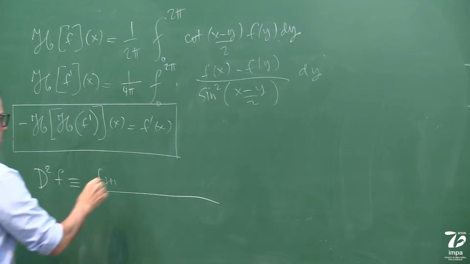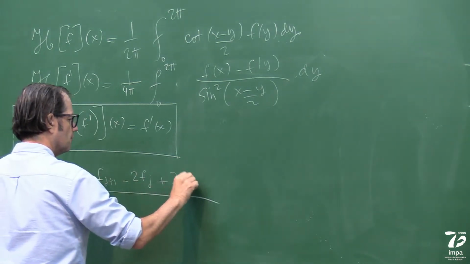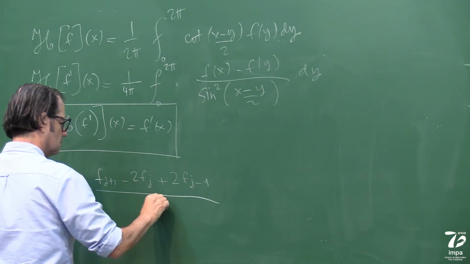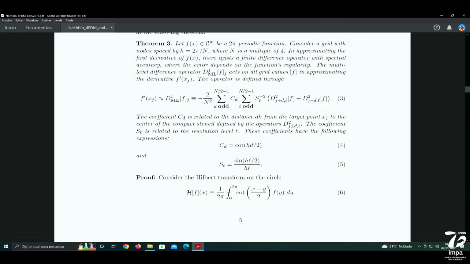Yeah, let me put it minus 2fj plus fj minus 1 over h squared. Let me just go up one thing, make sure my definition is right, because that appeared above.